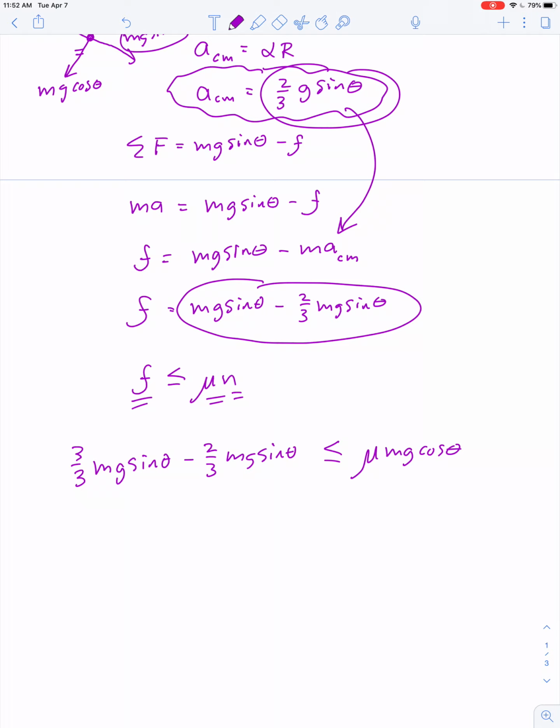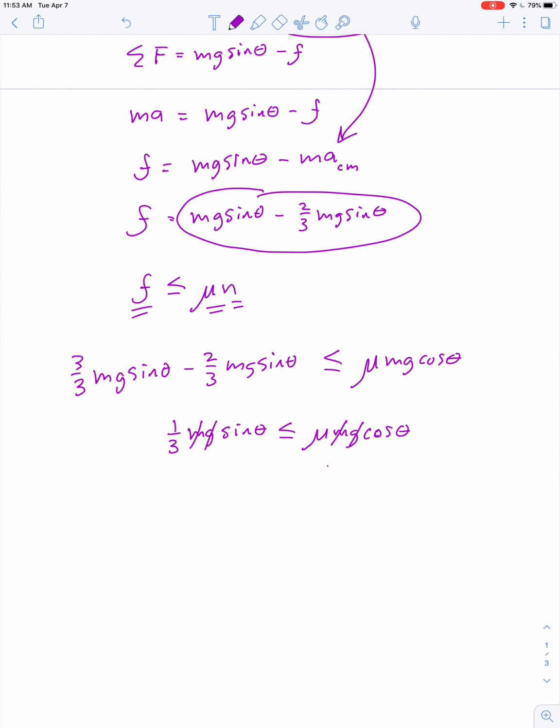So 3/3 minus 2/3, of course, gives me 1/3. 1/3 mg sine theta is less than or equal to mu mg cosine theta. M and g appear on both sides of the equation and cancel out. If I transpose the equation, mu must be greater than or equal to 1/3 tangent theta.